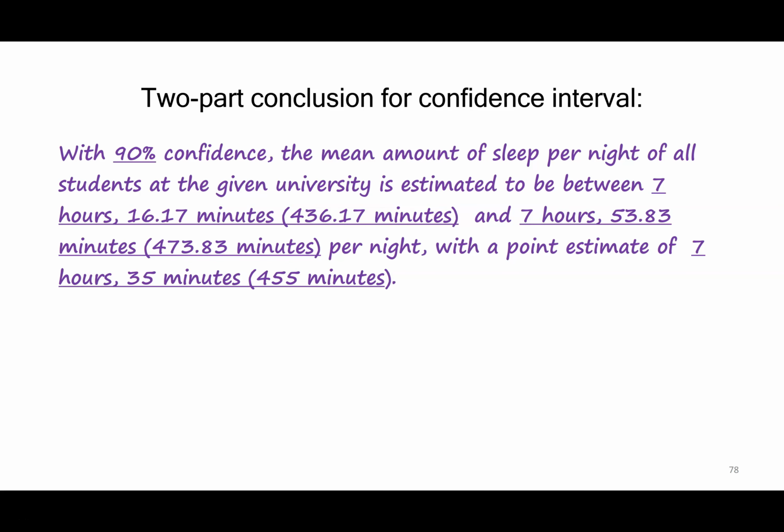So with 90% confidence, because you have to tell us what level of confidence, the mean amount of sleep per night of all students at the given university is estimated to be between 436.17 minutes and 473.83 minutes per night, with a point estimate of 455 minutes per night.